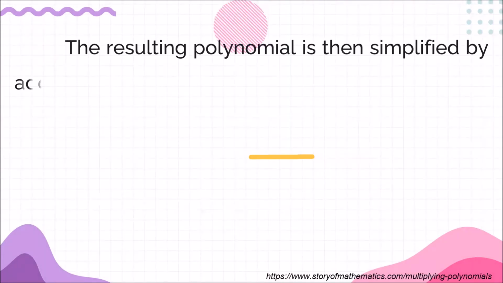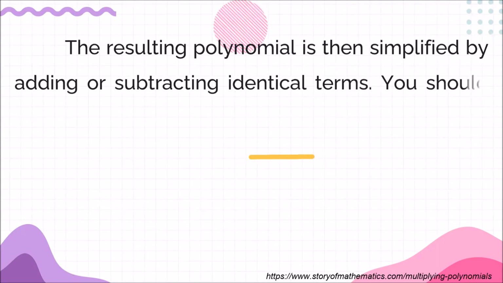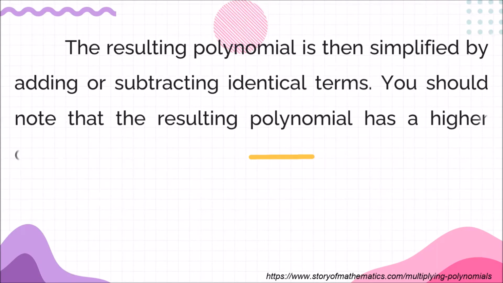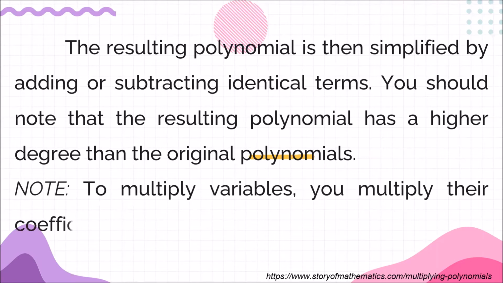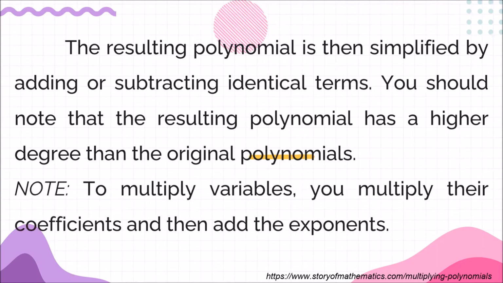The resulting polynomial is then simplified by adding or subtracting identical terms. You should note that the resulting polynomial has a higher degree than the original polynomials. Note, to multiply variables, you multiply their coefficients and then add exponents.